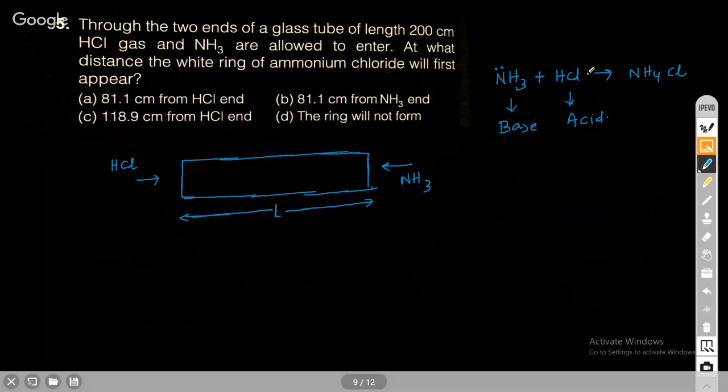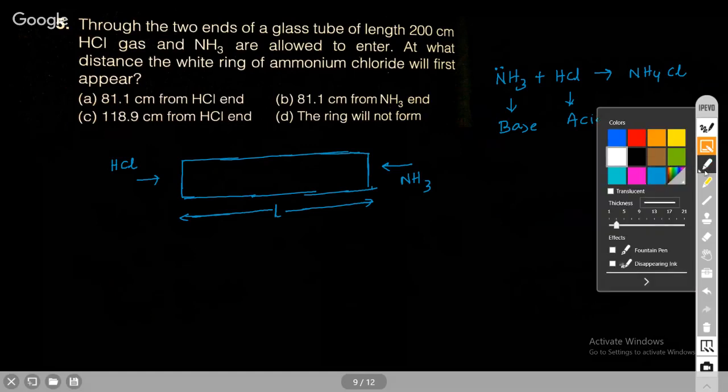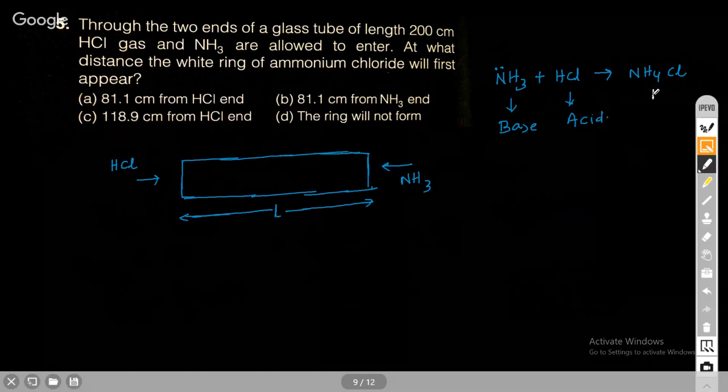So if somebody says an acid-base reaction gives salt plus water, it is true, but not always. That is only possible when acid and base contain H plus and OH minus ions respectively. That is another thing which is not required in this question. So here you see NH3 and HCl give NH4Cl. This is the white fume.